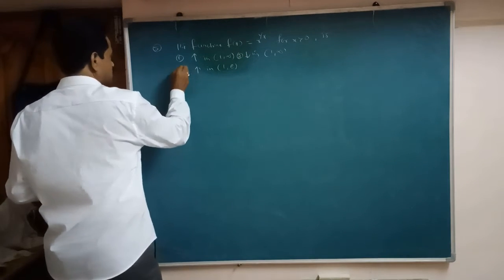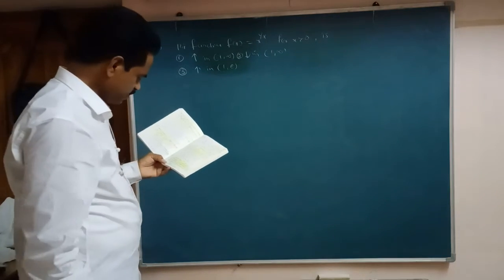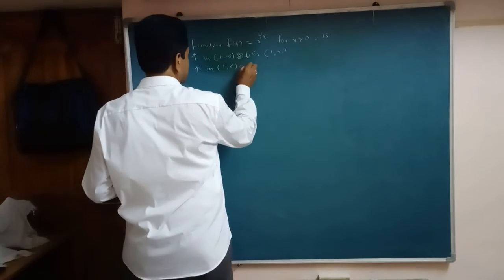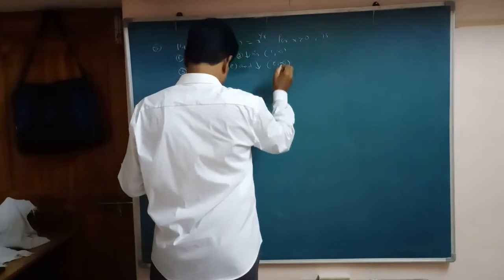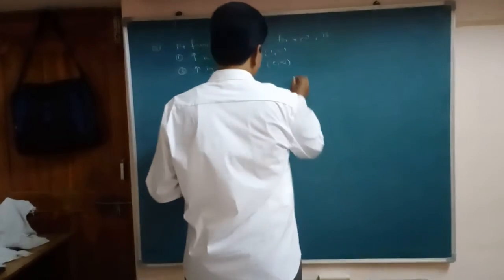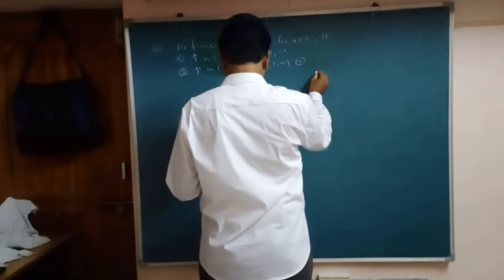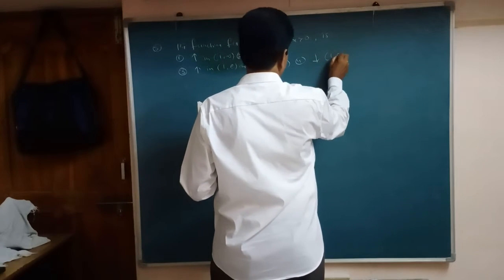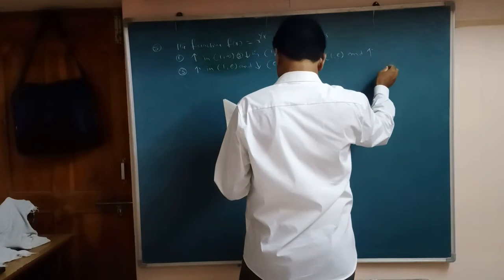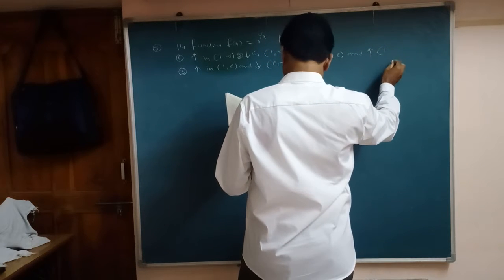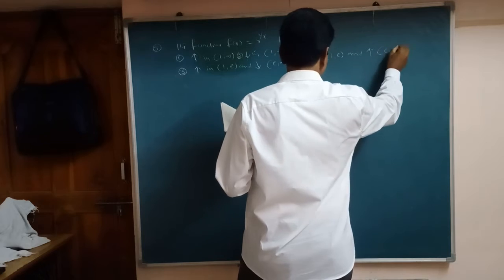Your third option is increasing in 1 comma e and decreasing in e comma infinity. And fourth one, decreasing in 1 comma e and increasing in e comma infinity.